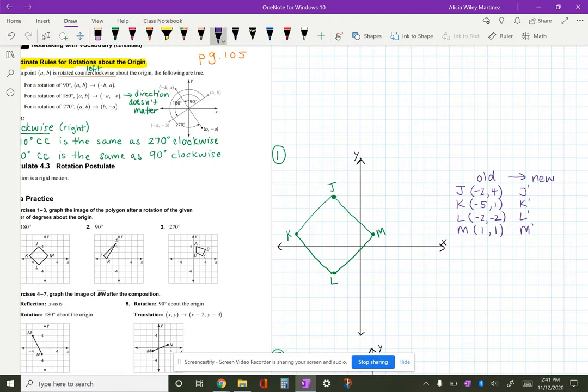So what I'm going to do is write down my new points. It's going to be 2, -4. It's going to be 5, -1. It's going to be 2, 2. And it's going to be -1, -1.